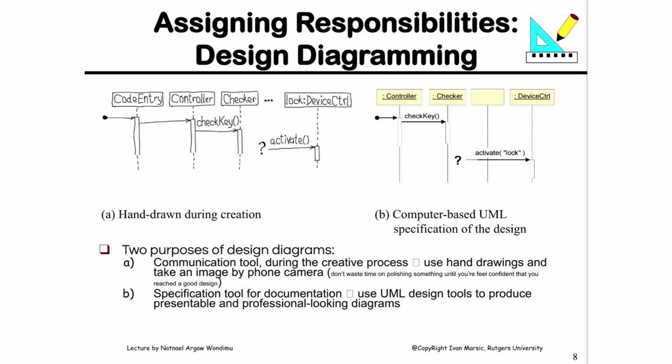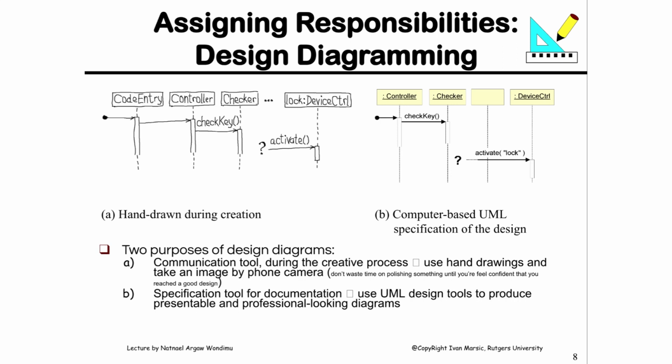That being said about the responsibilities of objects in object-oriented software design, now I will be discussing assigning responsibilities. When we say assigning responsibilities to objects, we are talking about designing diagrams, or design diagramming techniques.